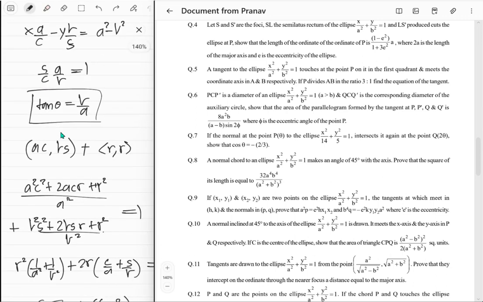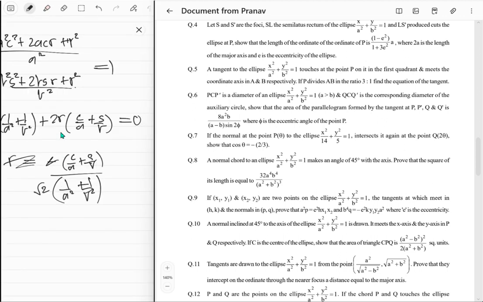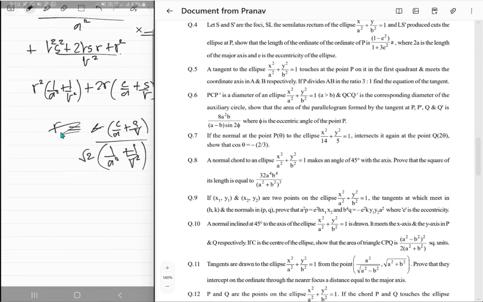So c upon a and s upon b, that's equal to 1. Wait, what? c upon a is equal to s upon b, right? Well, what is c? c is just, okay, so it's supposed to be b and a like that. So that's theta, square root of a square plus b square, right? So a upon all that stuff, that's going to be c. Then that upon a is, oh wow, nice.